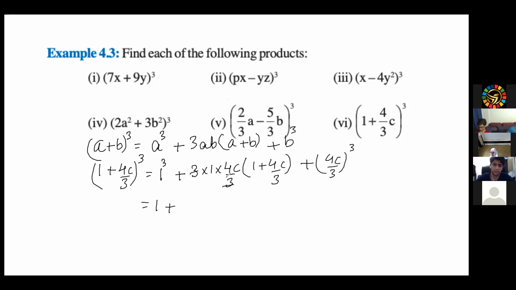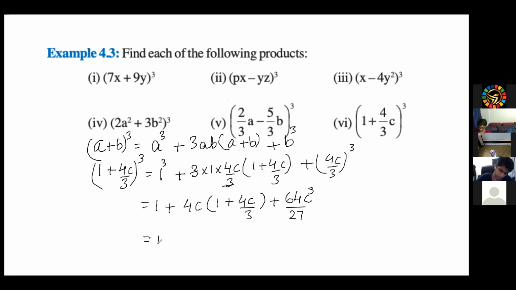Okay, Ahmad? So what is outside the bracket now? 4c. And inside the bracket you have 4c by 3. And what is the last term? 4 cube is 64, upon 27, then c cube.